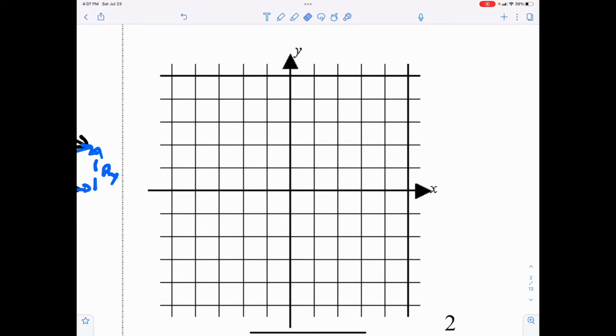All right, let's see what you were able to get. Starting with vector A, we have an arrow, a vector that is 4 units to the right, 3 units up. That's vector A. At the tip of vector A, I'm going to put the tail of B. B is 2 units to the left, 1 unit up.